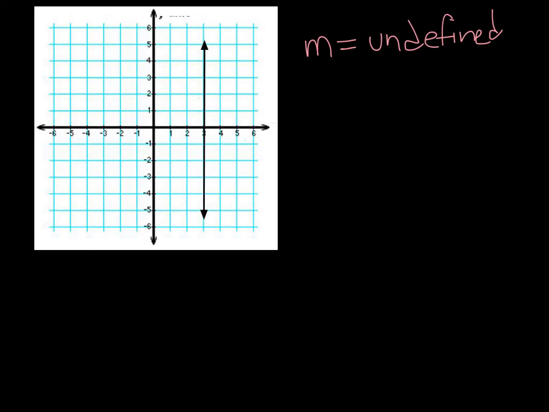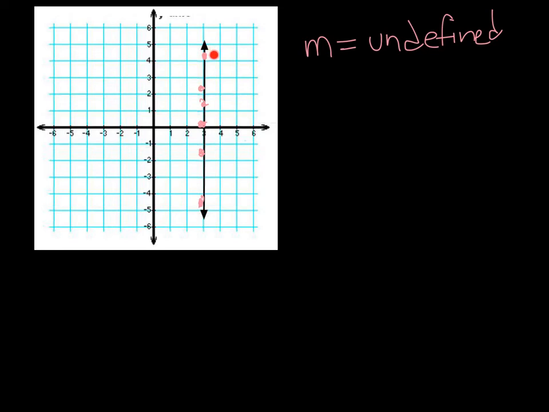Here's one thing we do know about vertical lines. If I look at my line, and if I try to plot any point on my vertical line, doesn't matter where it is, in every single instance, the x-coordinate is going to be the same.